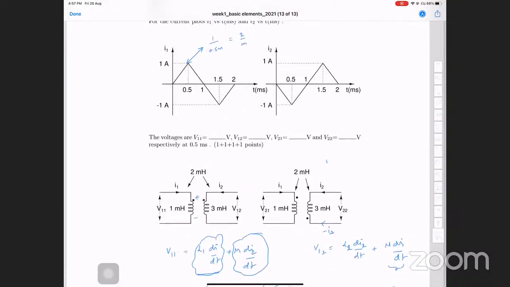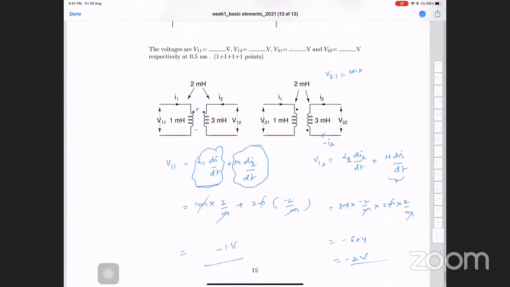So V21 is equal to 1 milli times di1 by dt. We already solved di1 by dt and di2 by dt, so I'm writing them here for you. di1 by dt we solved to be 2 by milli. di2 by dt we solved to be minus 2 by milli.